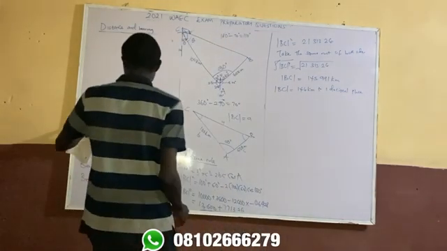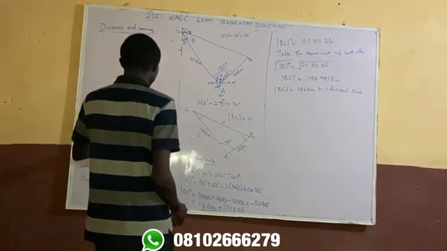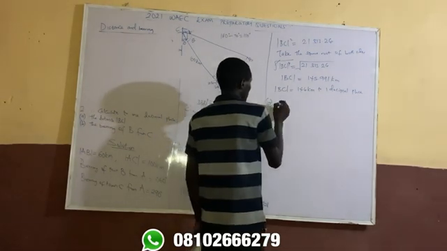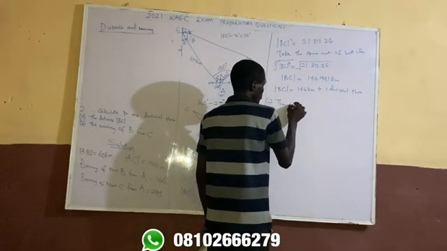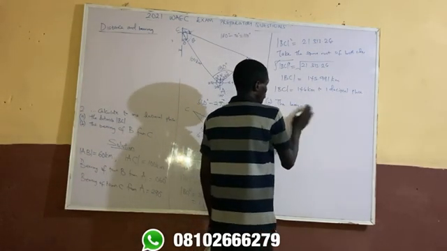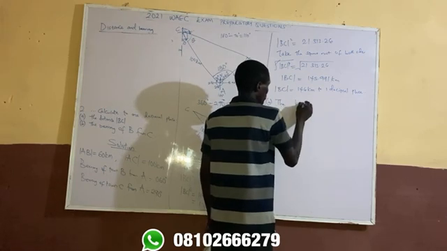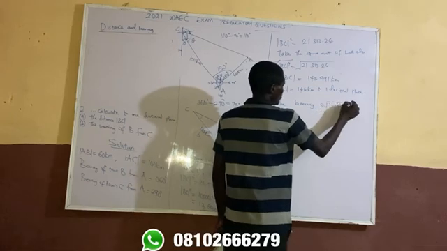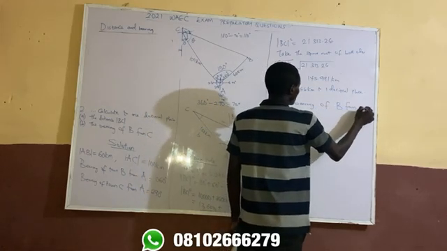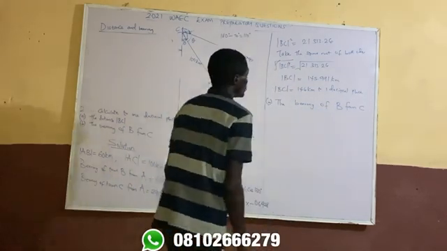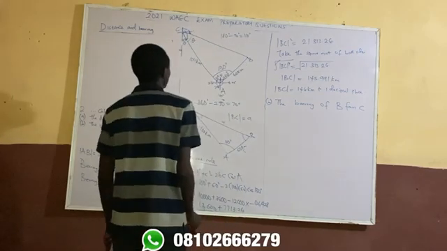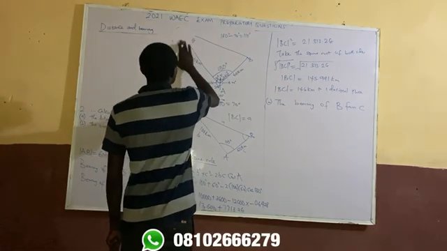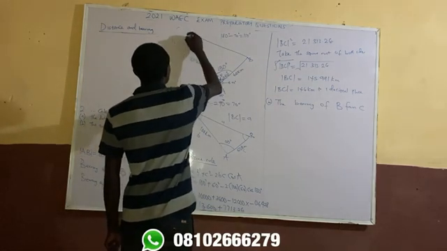So the second question is the bearing of B from C. That is one of the big questions of this. The bearing of B from C. Initially we have the diagram.